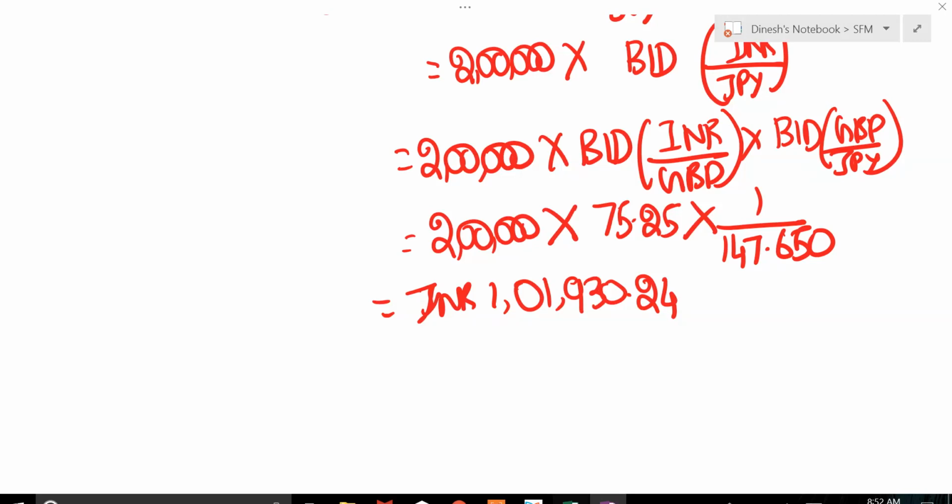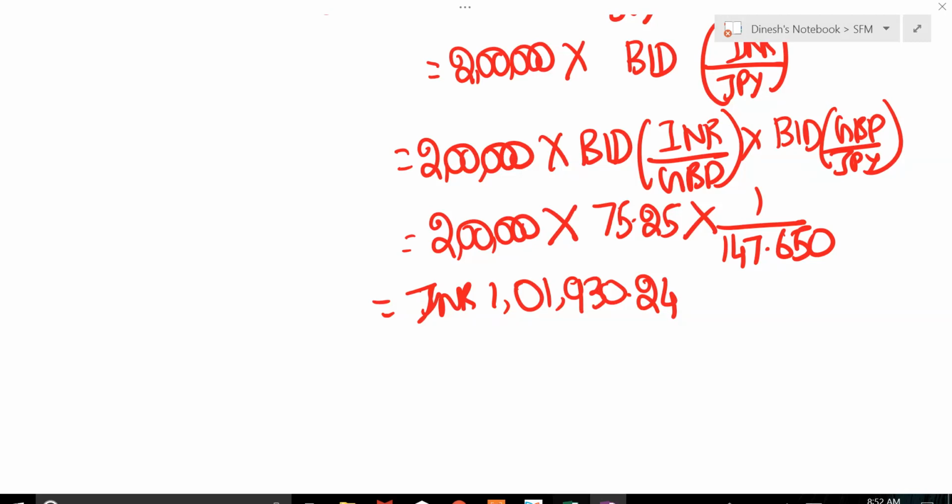Okay, now: how much INR is needed to buy 2 lakh Japanese yen? It may look similar, but think about it and do.